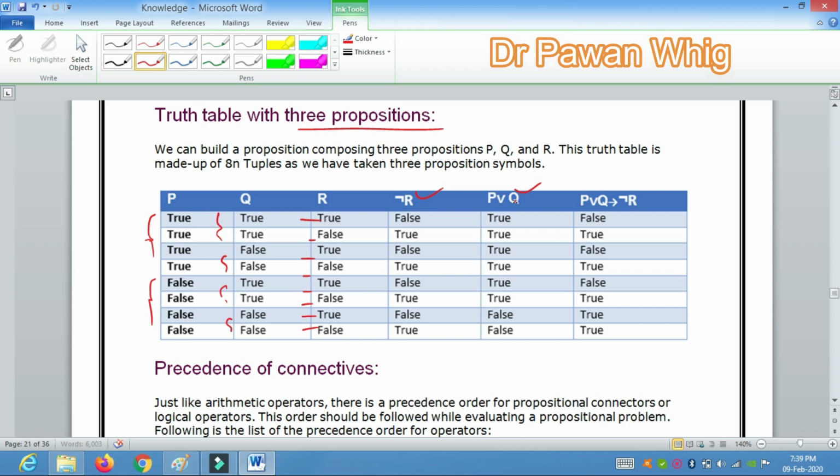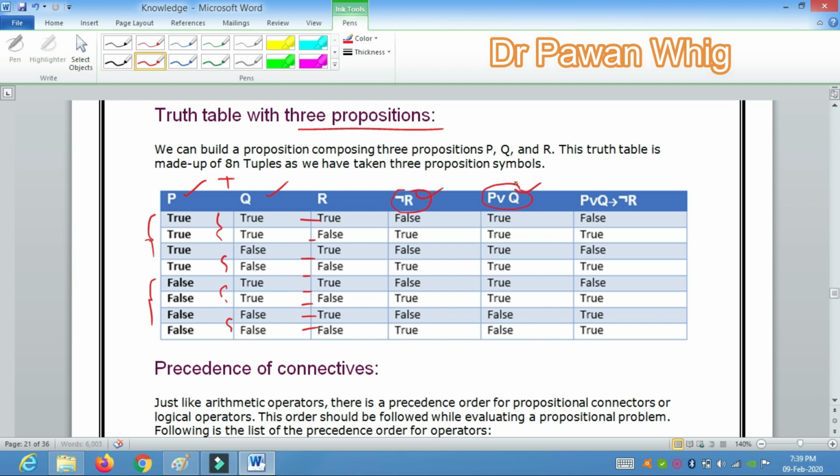And for P or Q, you take care of these 2 columns; OR means addition, so you have to add them.